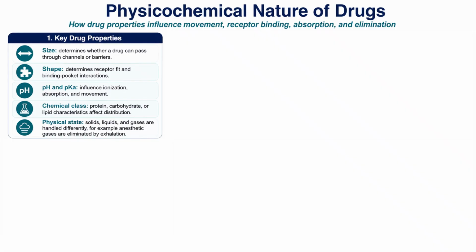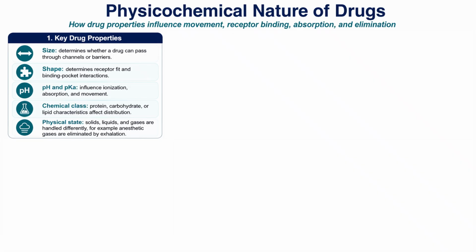First, a drug's behavior is influenced by several basic properties. Size affects whether a drug can pass through channels, pores, or barriers. The shape of the drug is also important. It affects whether it fits a receptor or a binding pocket. The pH or pKa influence whether the drug is ionized or unionized, and whether changes in absorption or movement across membranes can occur.